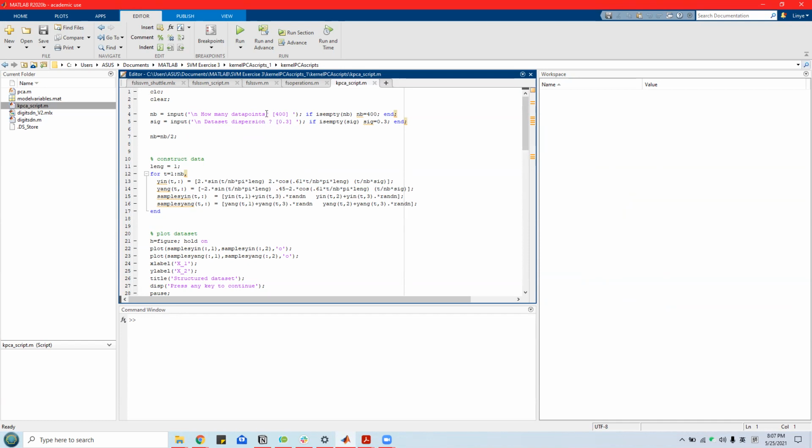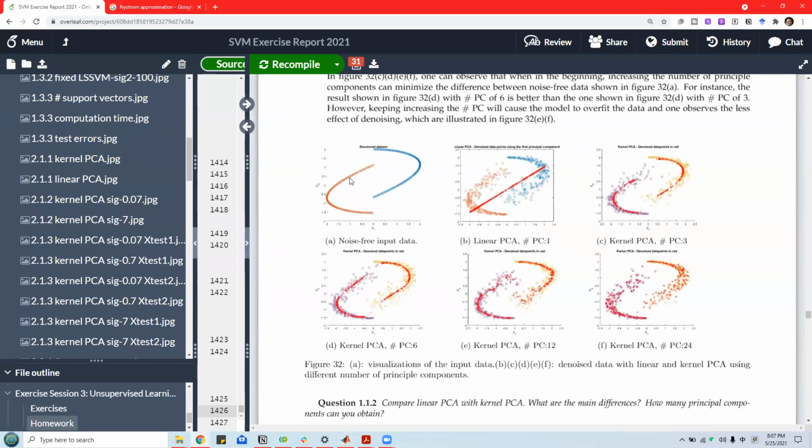This is more or less the nature of this data set. Then, when doing kernel PCA or linear PCA, you need to add some noise, so I just used the default setting.